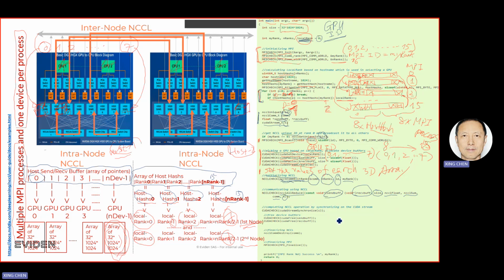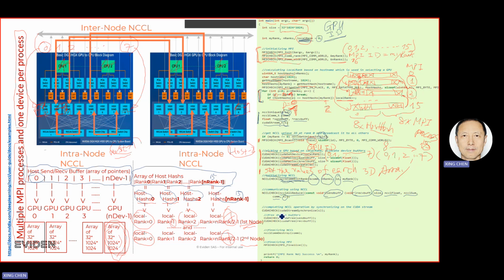Okay, so we call this function to start this all-reduce collective communication, and then having started it, we need to synchronize, to check whether it has been started successfully without any trouble.